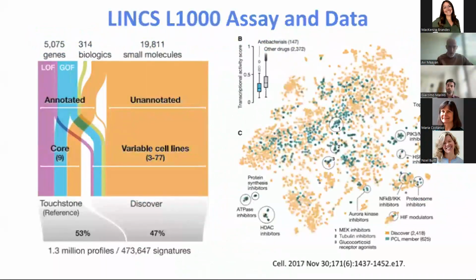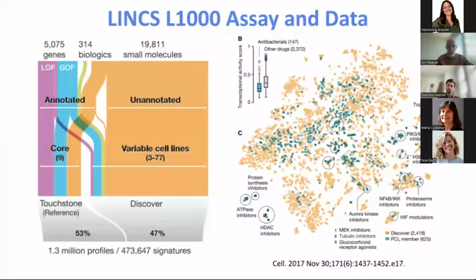So several years after the program started, when the second phase of the program started, the Broad came out with another seminal paper that was published in Cell. And here they introduced the LINCS L1000 assay and data.